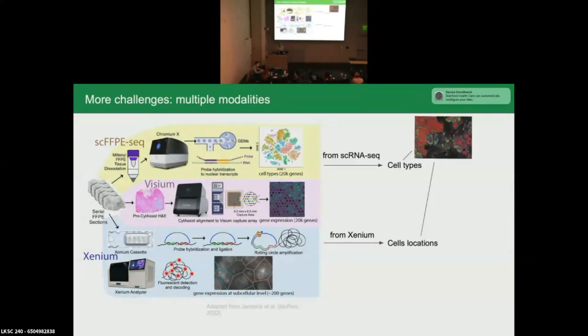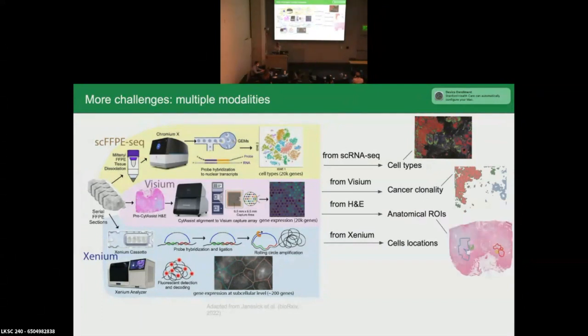Still, you can use single-cell RNA-seq for finding cell types which can be mapped accurately to the Xenium data. Then you can use Visium, for instance, being transcriptome-wide, to study cancer clonality, and you can look at the image to annotate anatomical regions that can be used downstream. This shows the need that we can't just look at the data as individual components, but we want a multimodal representation for visualization and downstream processing.